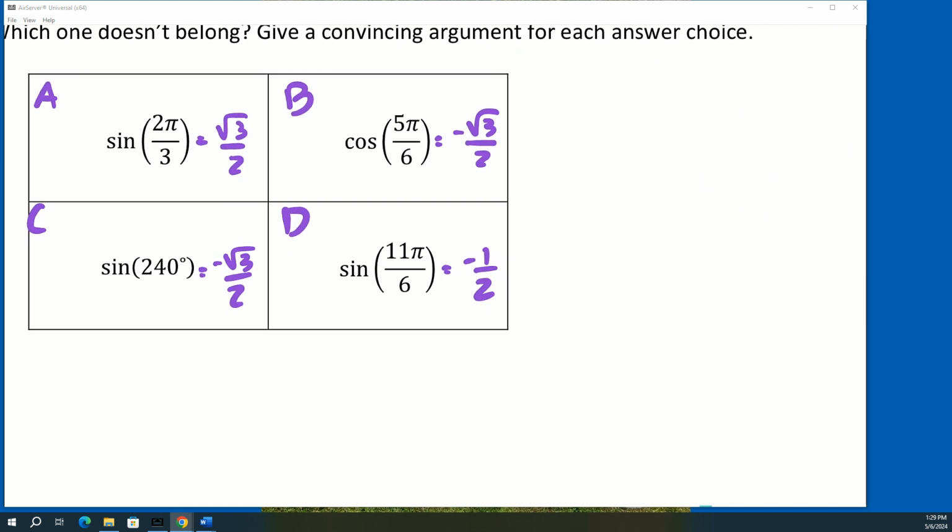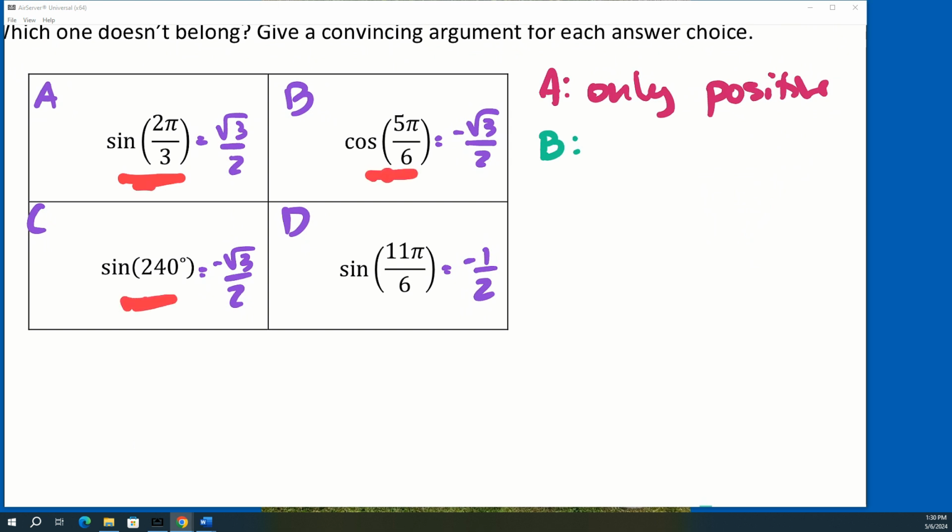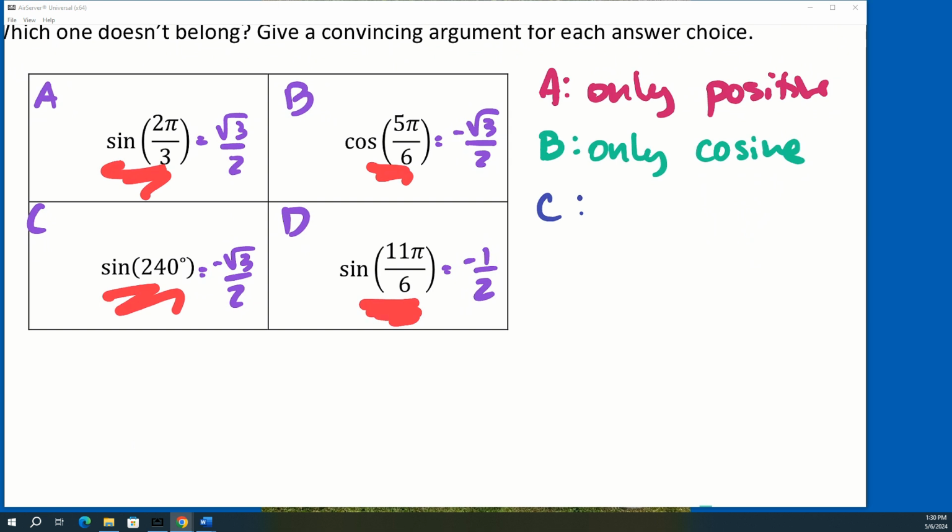Does anyone think A doesn't belong? Can you think of a reason why A doesn't belong? Only positive. If you're looking at what they're asking you to do instead of what you get, can you think of a reason why B wouldn't belong? It's the only cosine. Again, if you're looking at what they're asking you to do and not what you get, can you think of why C wouldn't belong?